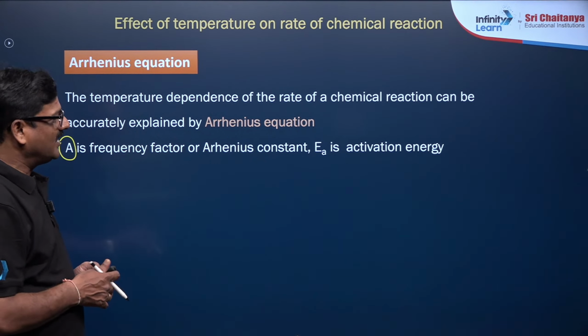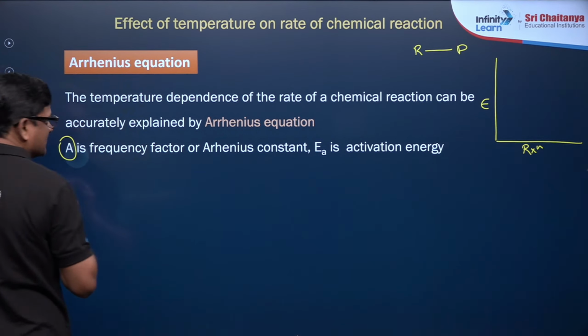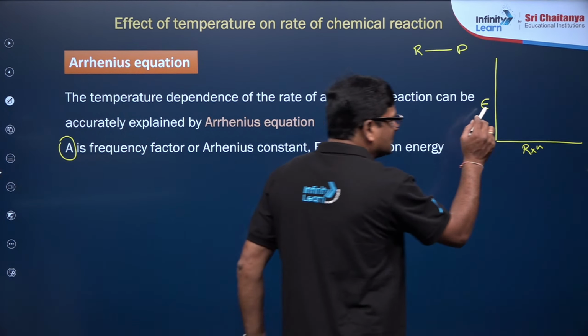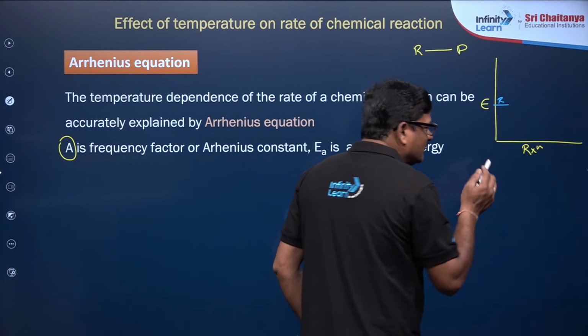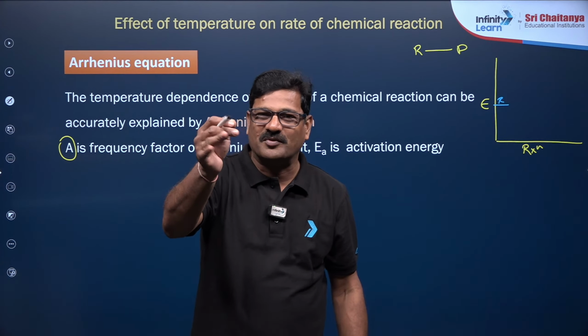And what is the activation energy? When a reactant gives rise to a product, R stands for reactant and P stands for product. You see the graph of potential energy versus reaction progress. When you take something in a test tube, it will not give the product; you have to heat it a little bit. Why are you heating?